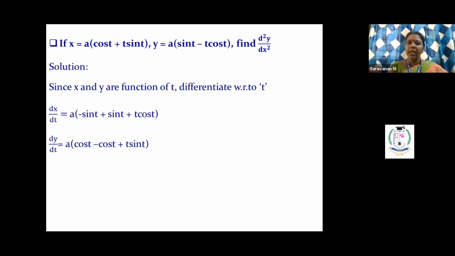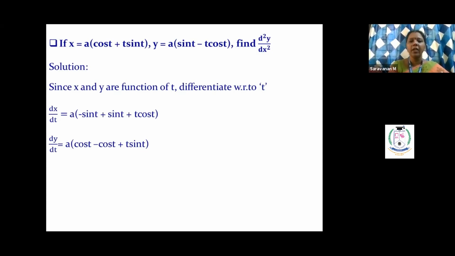We have to differentiate x and y with respect to t, and then find dy by dx. How can we find dy by dx? If we divide dy by dt by dx by dt, in both the denominators we are having dt, that dt gets cancelled, then we'll be getting dy by dx. Okay, so that's what I have mentioned here.